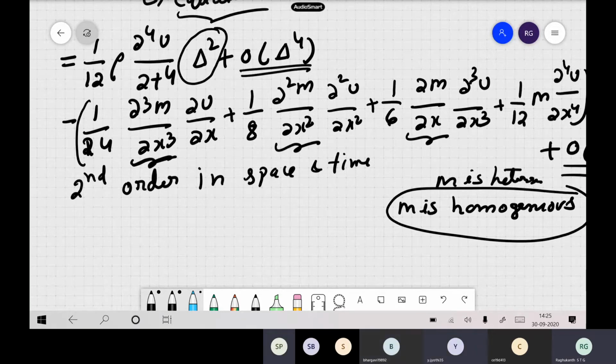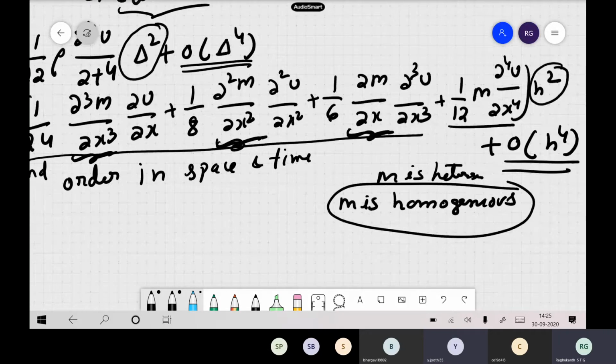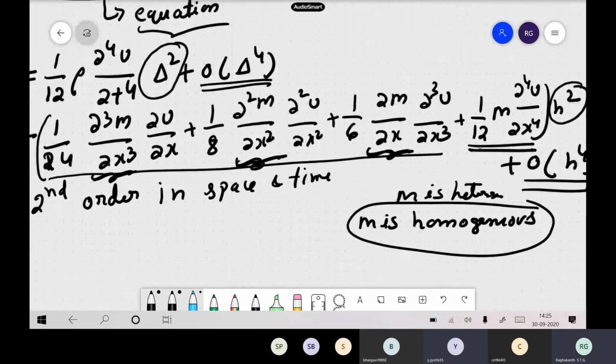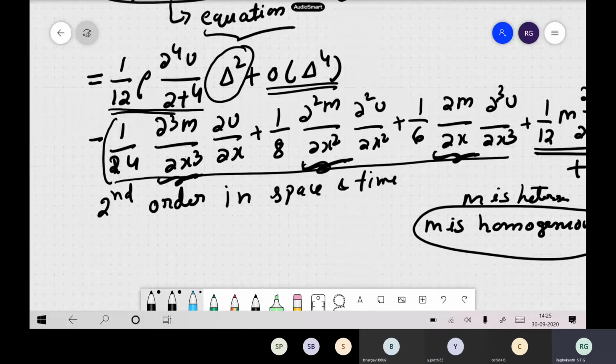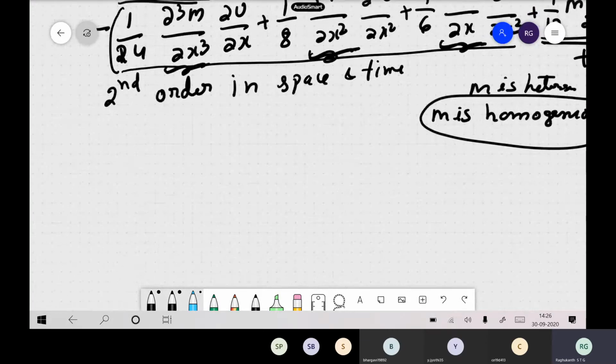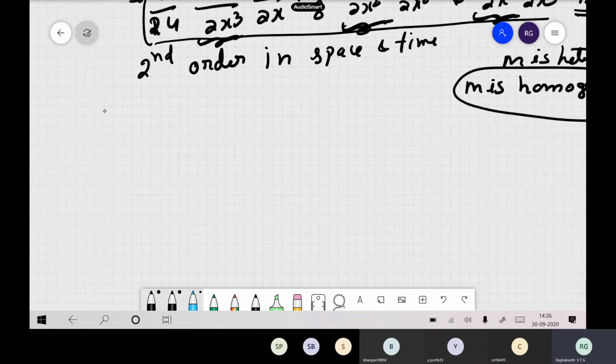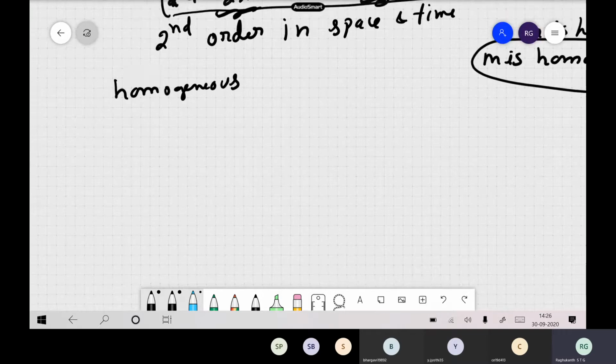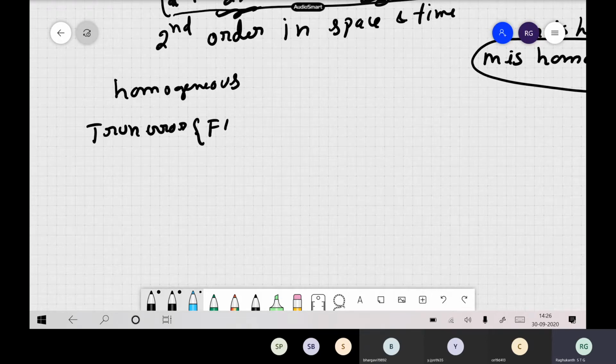The ∂³m, ∂²m, all of them will vanish, and only this term remains: 1/12 m ∂⁴u. Same expression with respect to time, because in time we have used the central difference, and in space also central difference. This is how we get the actual one. So if it is a homogeneous medium, you can write the truncation error of your finite difference scheme.